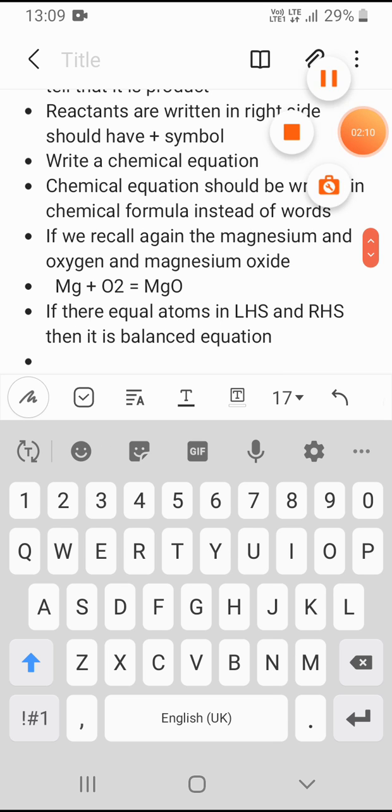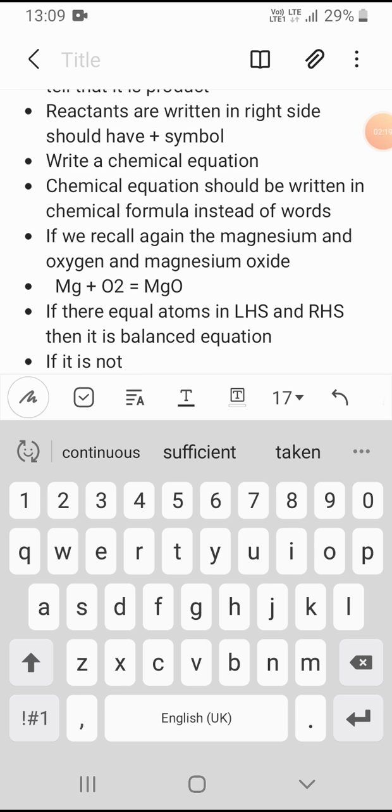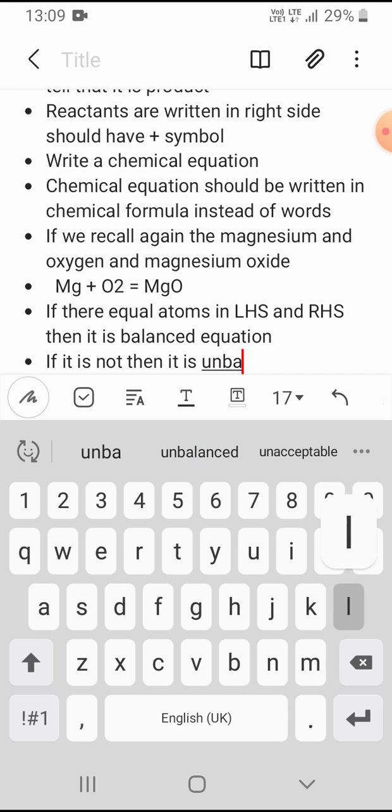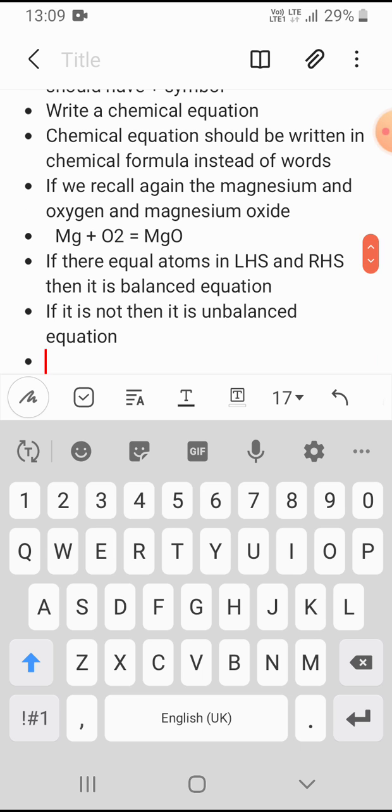Then we need not add or remove atoms. If it does not have equal atoms, then it is an unbalanced equation, because one side has fewer atoms and the other side has more atoms.